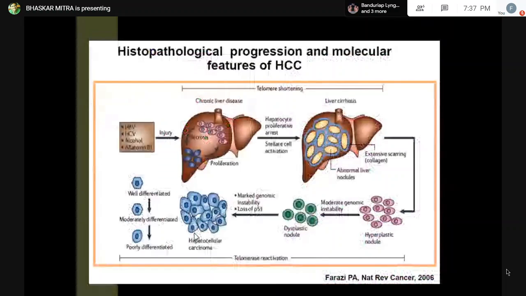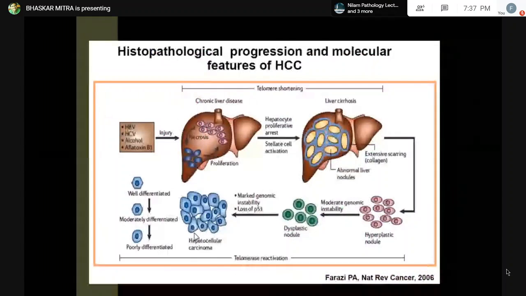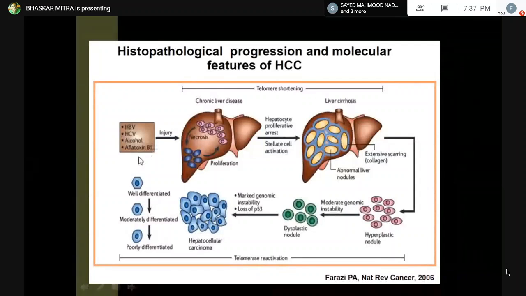These are the pathogenic pathways by which liver lesions develop. Initially, there may be pathogenic conditions like different toxic materials, drugs, and viral infections that cause injury to the liver. That injury may lead from acute to chronic liver disease, where there is simultaneous proliferation, necrosis and destruction of the hepatocytes.